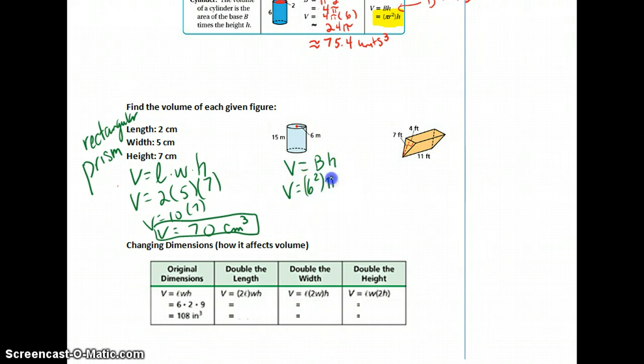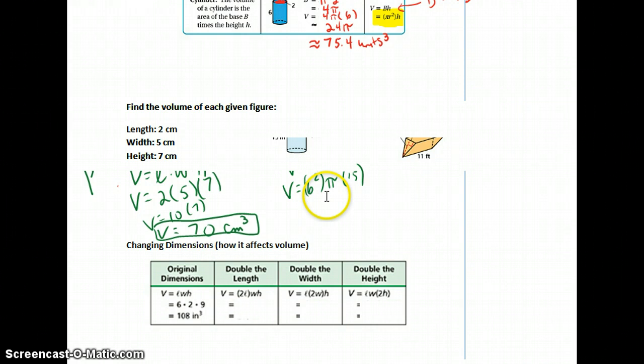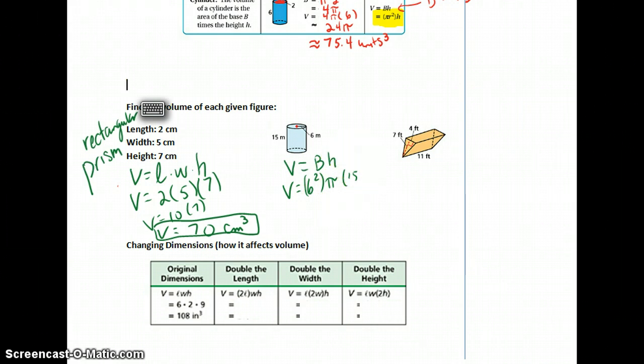So 6 squared times pi. And now we have to find the height. It is 15. When we multiply this out, we get 36 pi times 15.